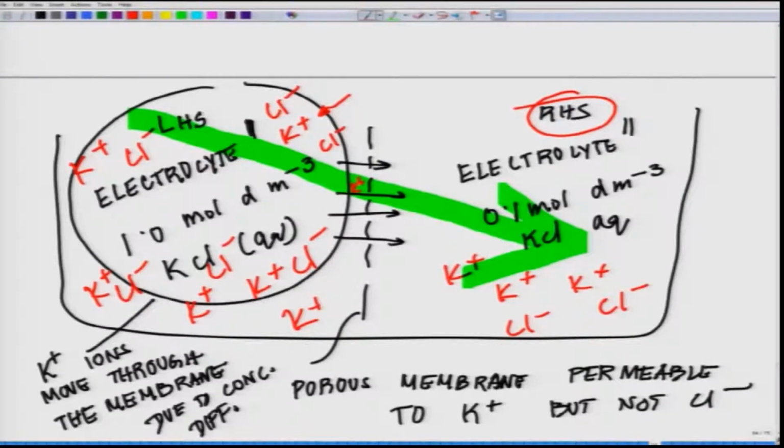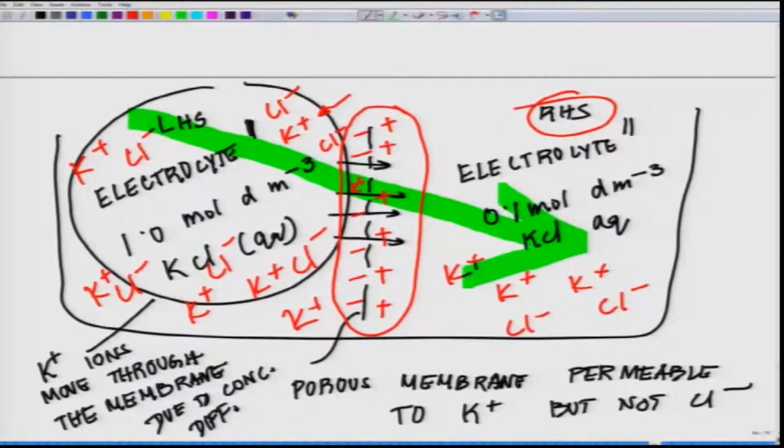But if that happens, what will be the situation? There will be a positive charge buildup out here, and of course, there will be a certain degree of reduction of charges. There will be a peculiar charge buildup which is going to happen, as the membrane is permeable to potassium, but not to chloride.